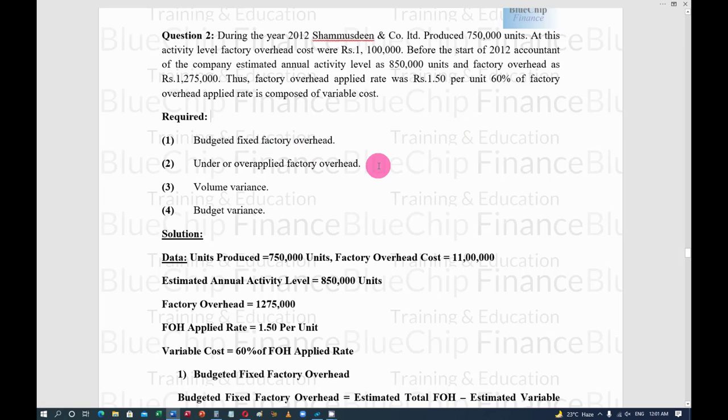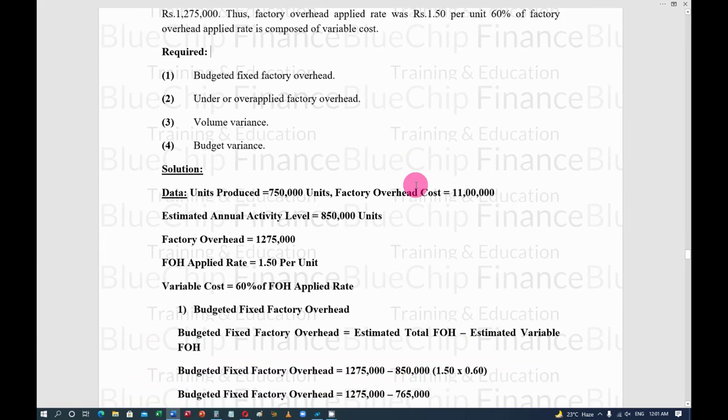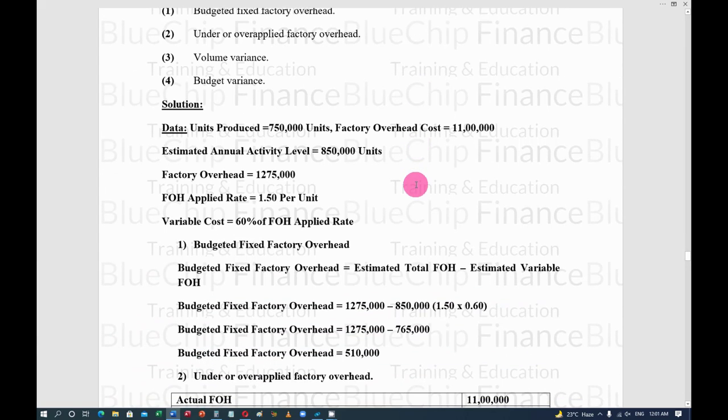What is the requirement of the question? First, budgeted fixed factory overhead, then under or over applied factory overhead, volume variance and budget variance. First of all, we calculate budgeted fixed factory overhead. What is the total budgeted factory overhead?